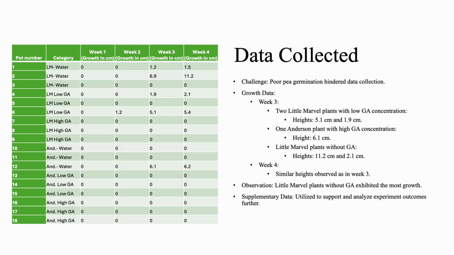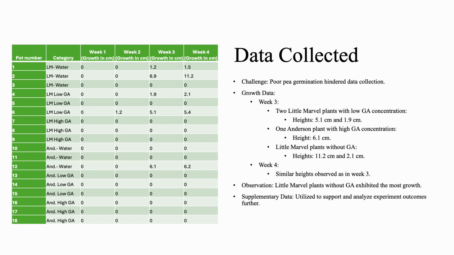During the analysis of the impact of gibberellic acid on our pea plant growth, we had a challenge with poor pea germination, which resulted in minimal growth in our data. By the end of week 3, only a few plants had notable growth: two Little Marvel plants treated with a low concentration of GA, which reached heights of 5.1 centimeters and 1.9 centimeters, and an Anderson plant treated with a high concentration of GA that grew to 6.1 centimeters.